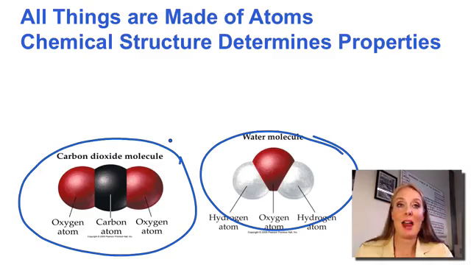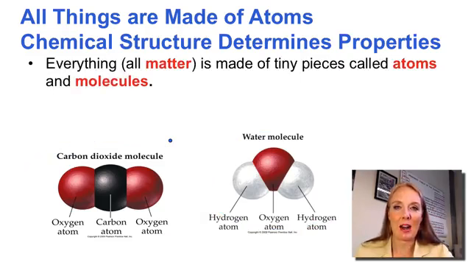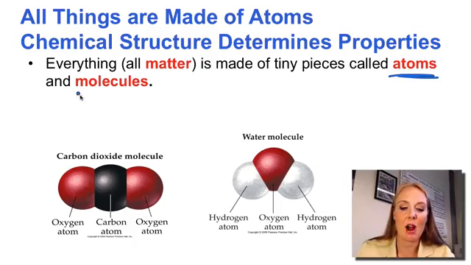But that matter was comprised of atoms and molecules, just like all other matter. And the chemical structure of the water and the carbon dioxide, the sugar, and the citric flavorings that are in that particular sample determines the property of that matter. So just to review, everything, all matter, is comprised of tiny pieces called atoms and molecules.